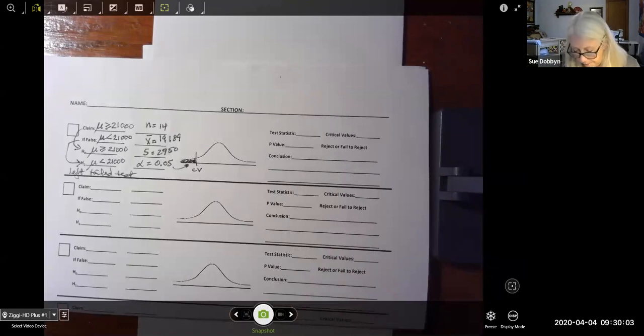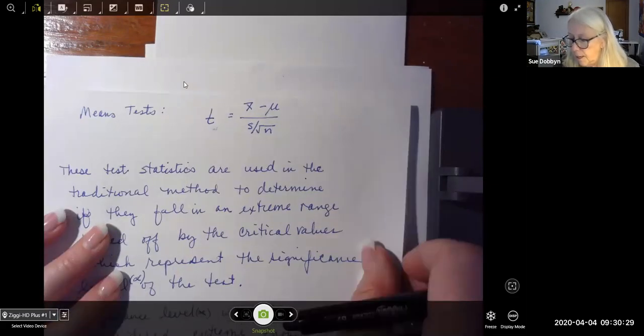So now that we know this information, if we were doing this problem using the traditional method, what we would do is now calculate this thing called the test statistic. I'm going to show you the formula for the means test statistic.